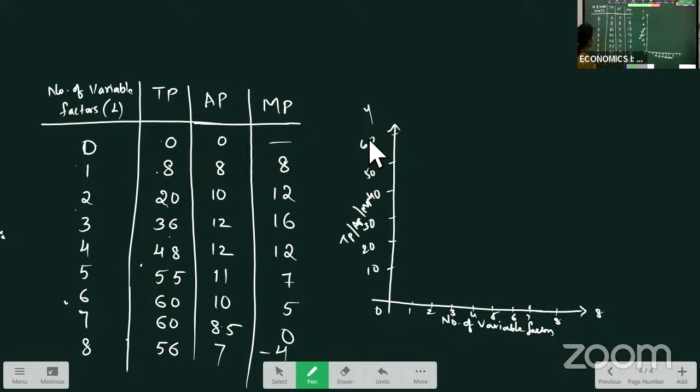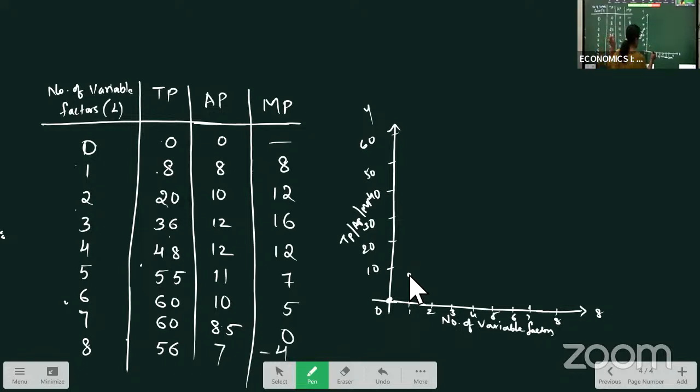Okay. So first, let us do TP. What is total product over here? Total product at 0 is 0. For 1 unit, 8. 8 means it will come below 10.